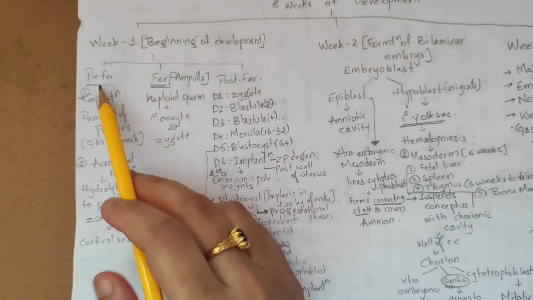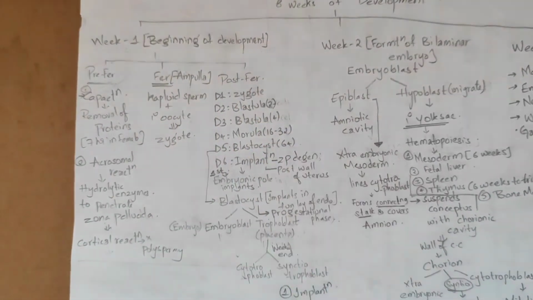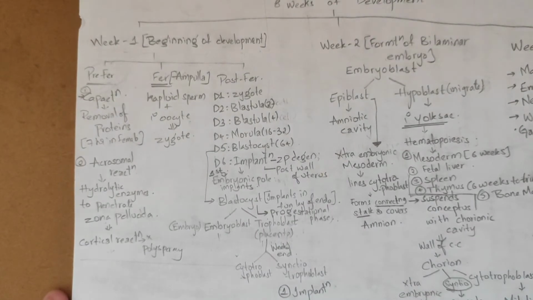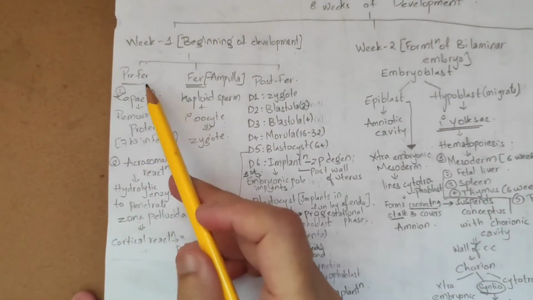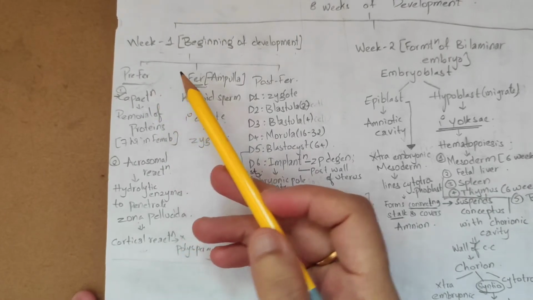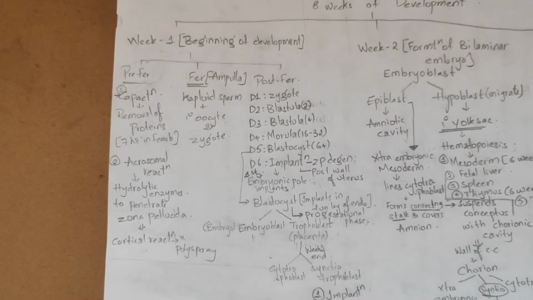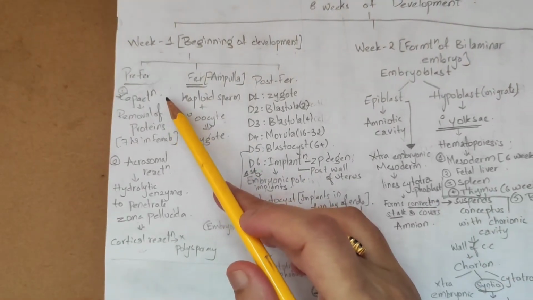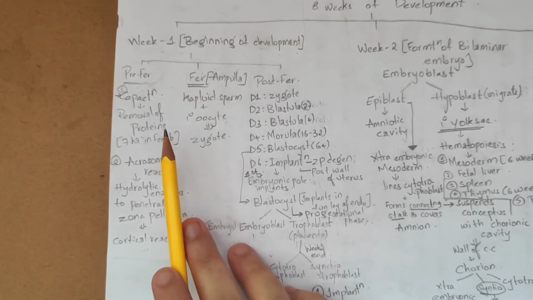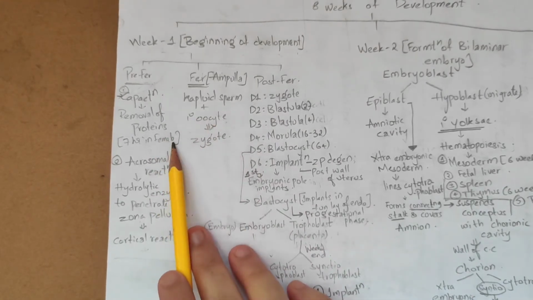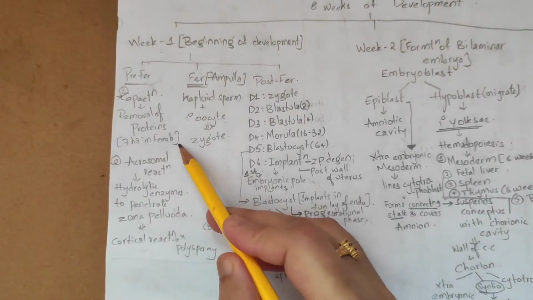I classified this as pre-fertilization, fertilization, and post-fertilization, but actually these are all post-fertilization changes, as we know. In pre-fertilization, mainly two changes occur in the female reproductive tract. The first is capacitation, which is the removal of several proteins from the plasma membrane of the acrosome of the sperm, and it takes up to 7 hours in the female reproductive tract.